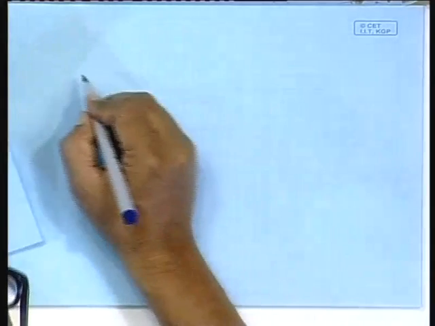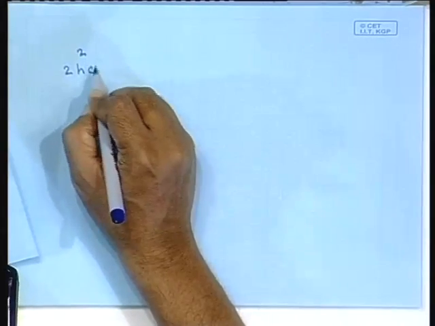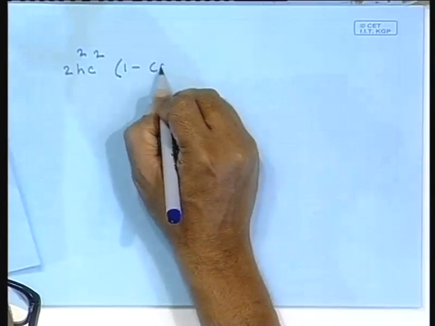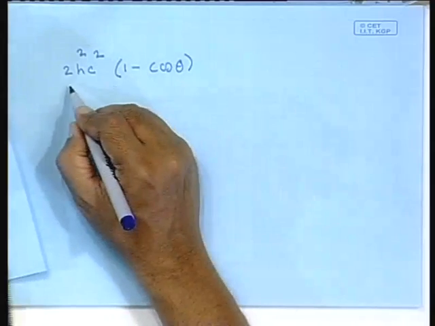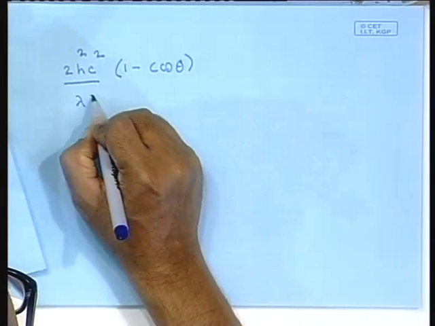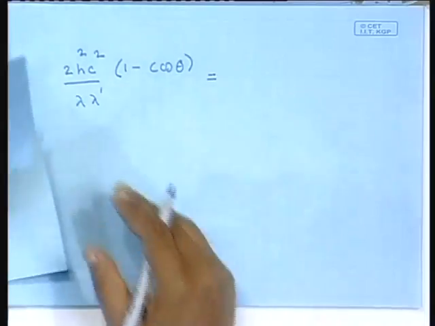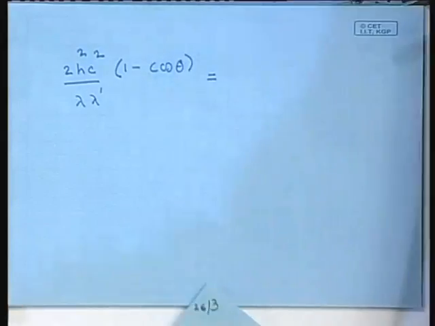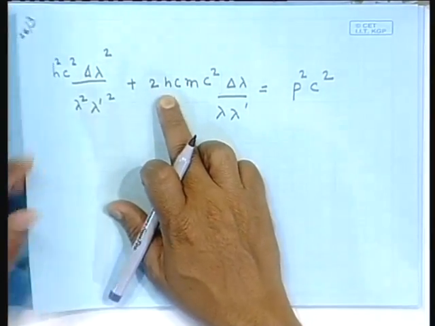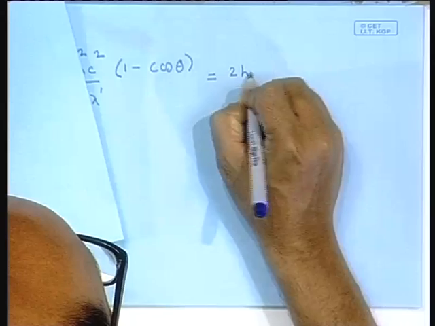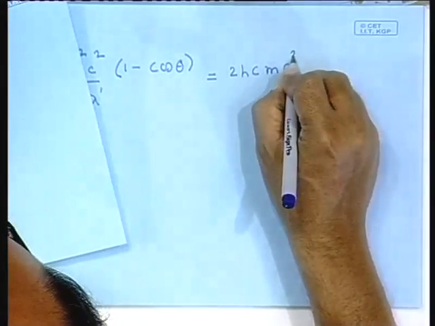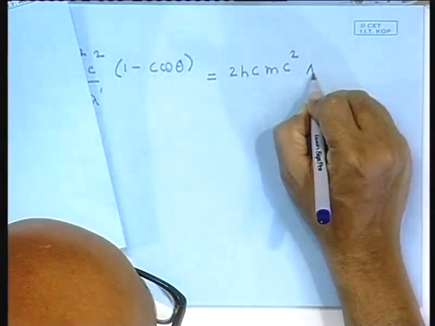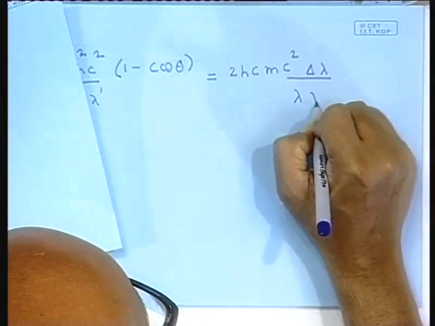So, let me write it down separately and then we can proceed. What it tells us is that 2h square c square 1 minus cos theta, this is the conservation of momentum, should equal the term that occurs in the conservation of energy, which is 2hc m c square into delta lambda by lambda lambda prime.